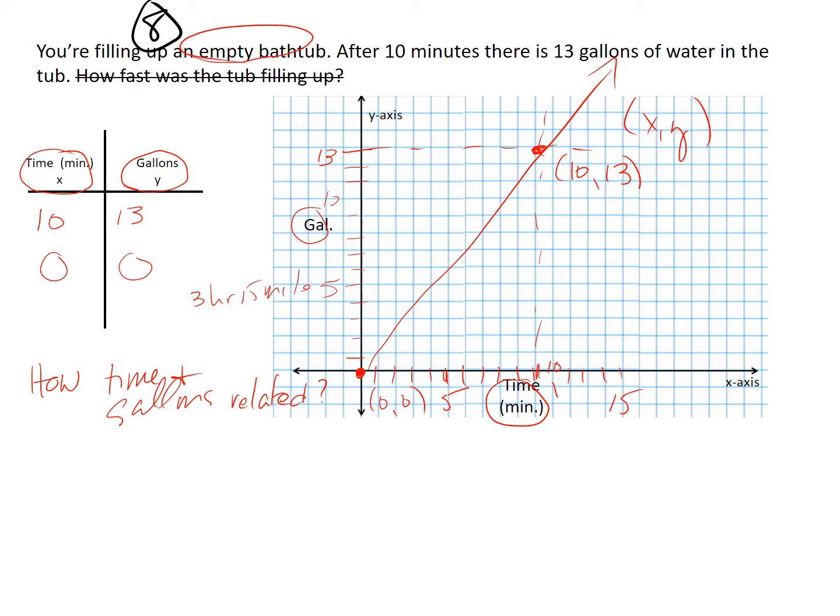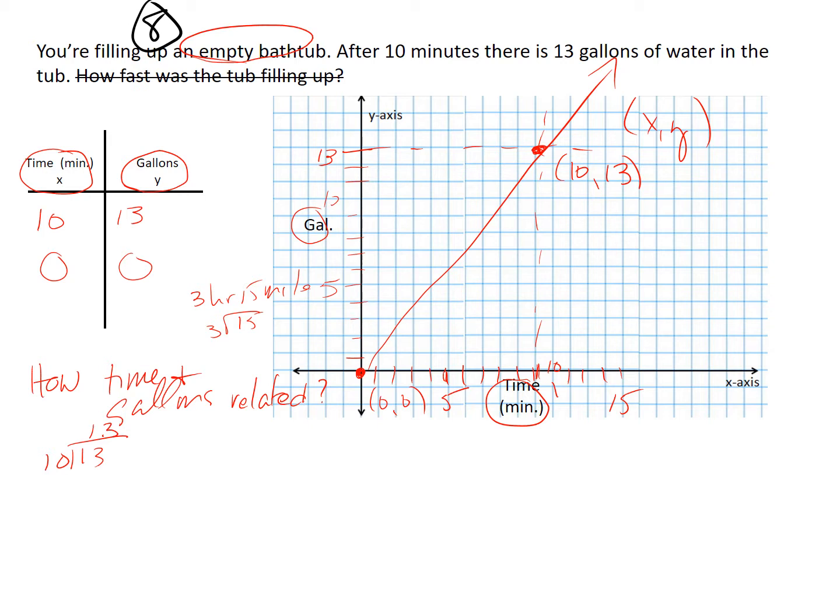We said, how were those related? Well, if we divided the 15 by 3, we came up with 5. And that's how we realized that the miles were 5 times the hours. So we can do the same thing here. I'm going to take the 13 and divide it by 10. And this is going to give me 1.3. Trust me on that.